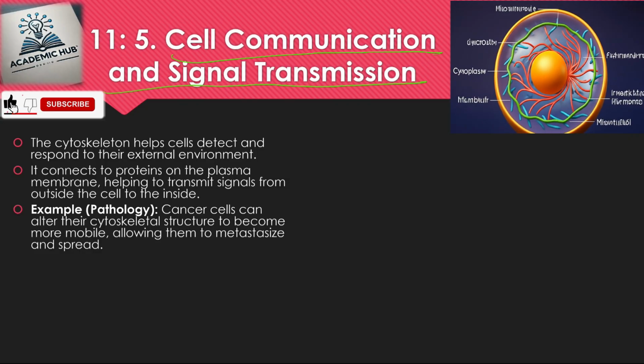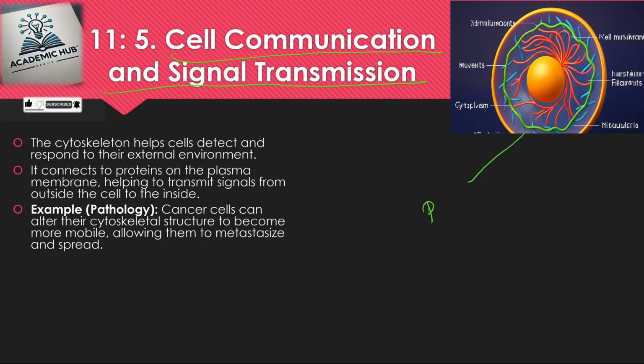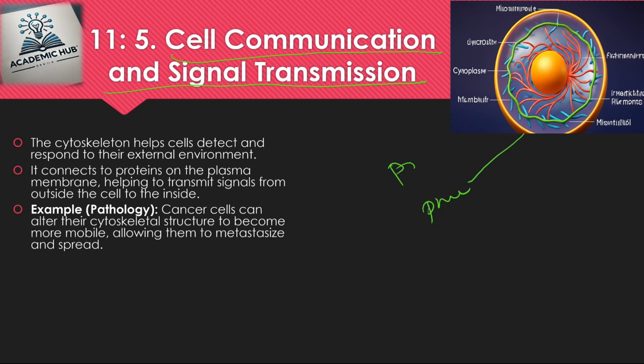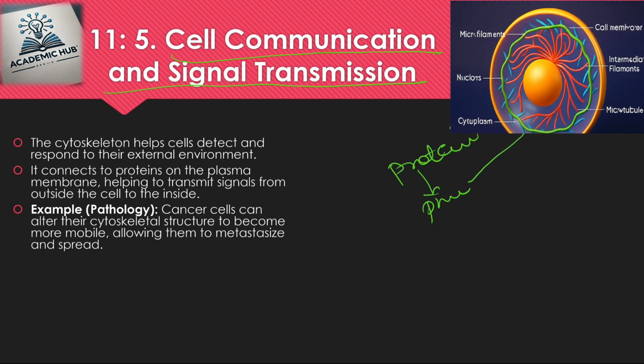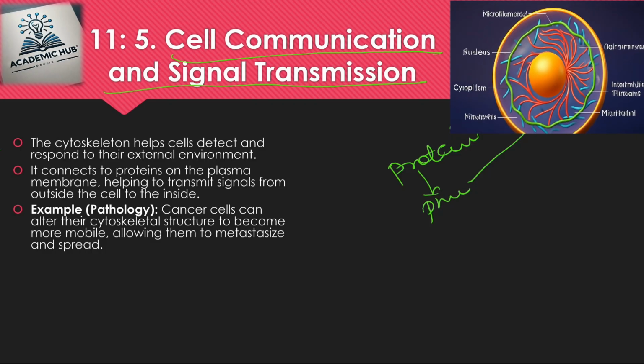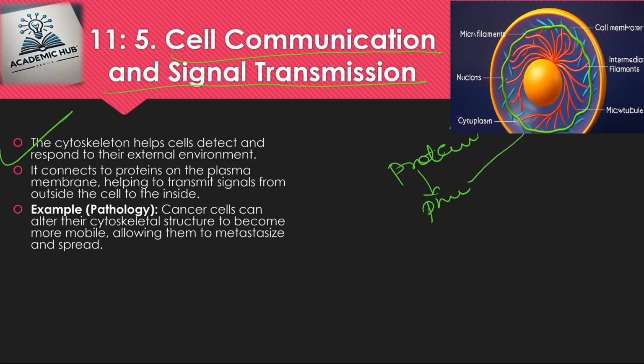The plasma membrane is the outer boundary of the cell, and the proteins present on this plasma membrane facilitate communication between the cell and the extracellular environment. So this is the major function.